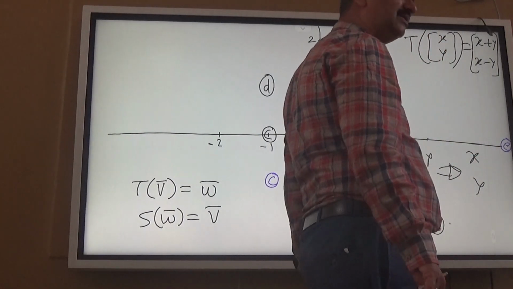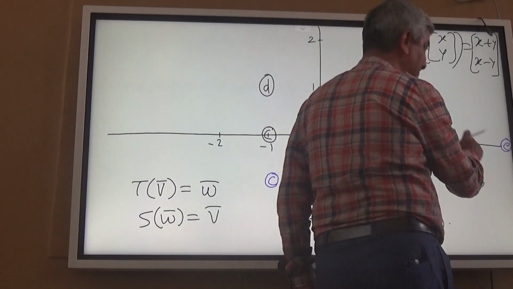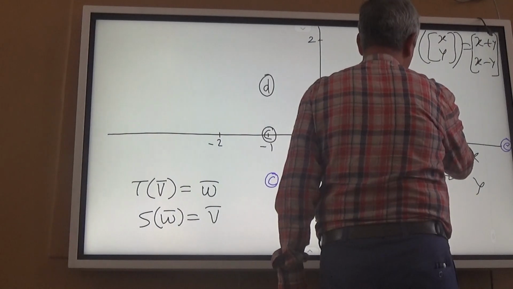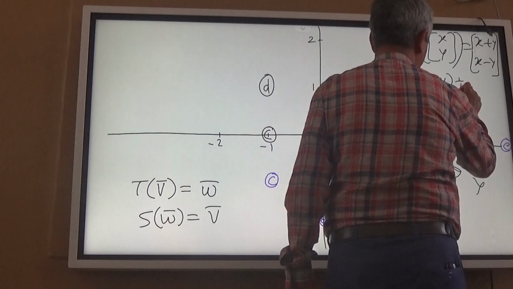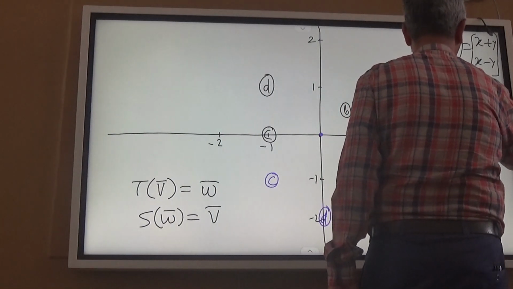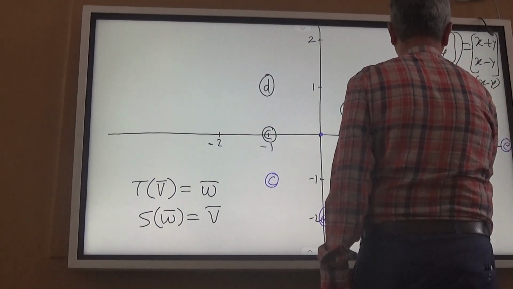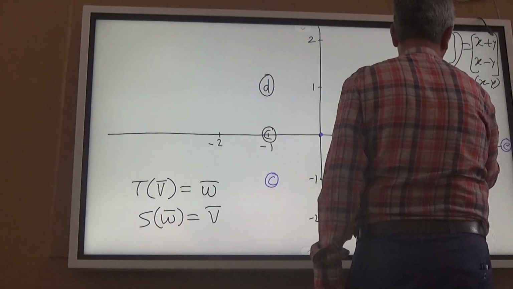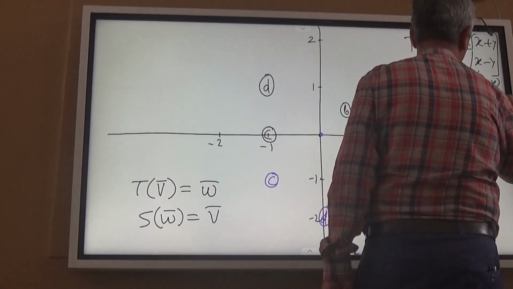Right. So what must we have? It's again a linear combination. So a1 (x plus y) plus b1 (x minus y), and a2 (x plus y) plus b2 (x minus y).